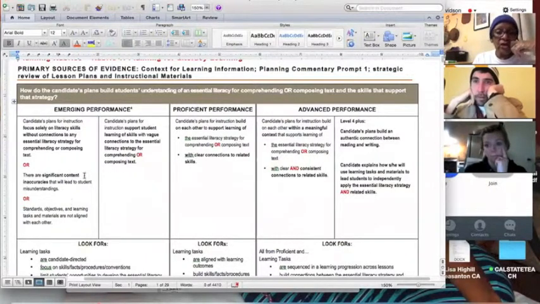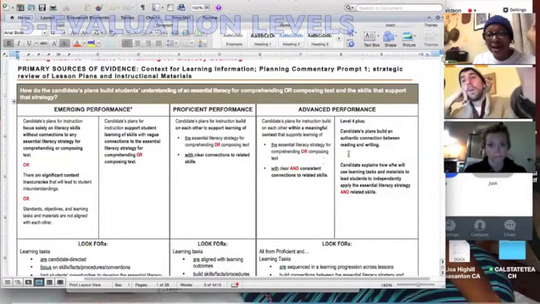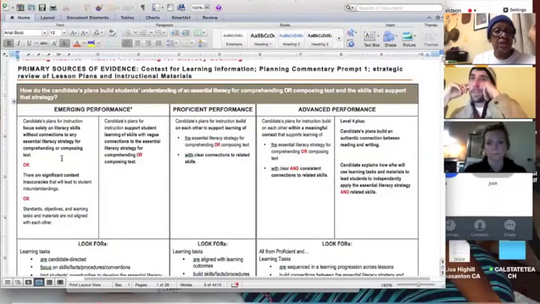As they're looking at these levels, there are actually 5 levels, but they combined these 2. So this is level 1, 2, 3, 4, and 5. There are 5 possible scores that you can get, so a 1 to 5. You want to get from 3 to 5 as much as possible.